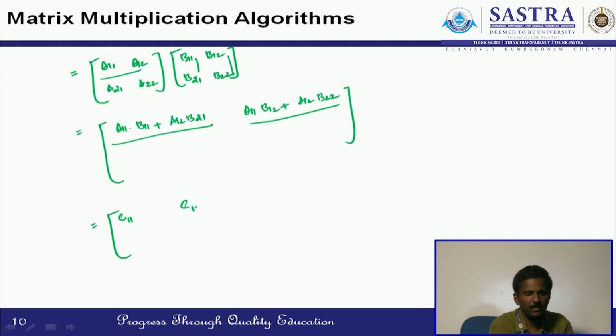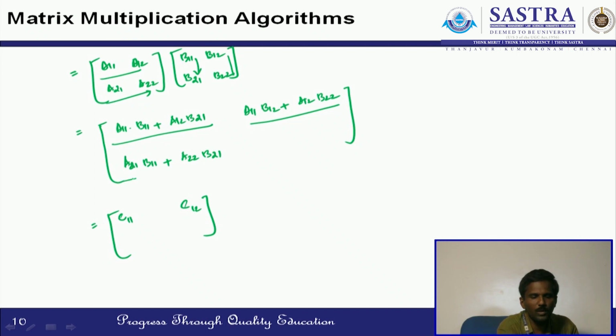Here we get the second element C12. Second row, first column: A21 B11 plus A22 B21.